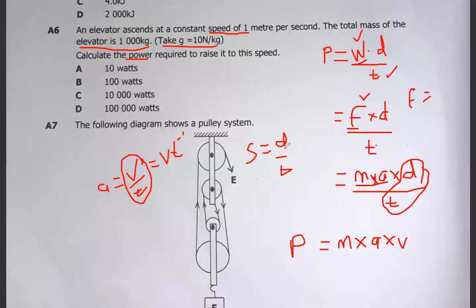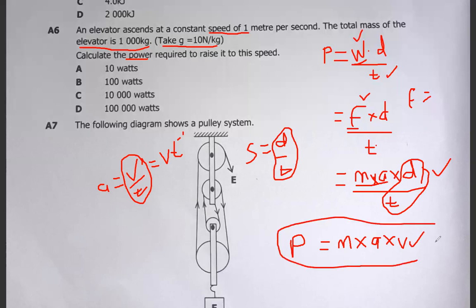But speed is equal to distance over time, so here where we've got distance over time, we are going to put the velocity. So this is a formula that we are going to use because we have the mass, we have the acceleration due to gravity, we also have the constant velocity.